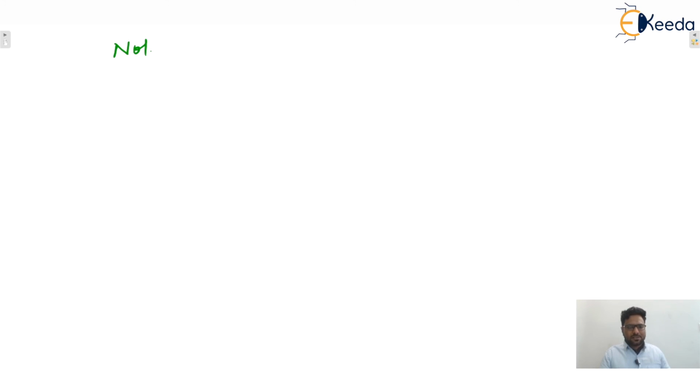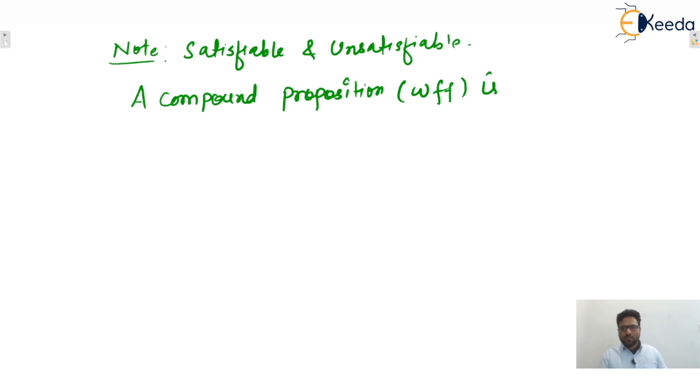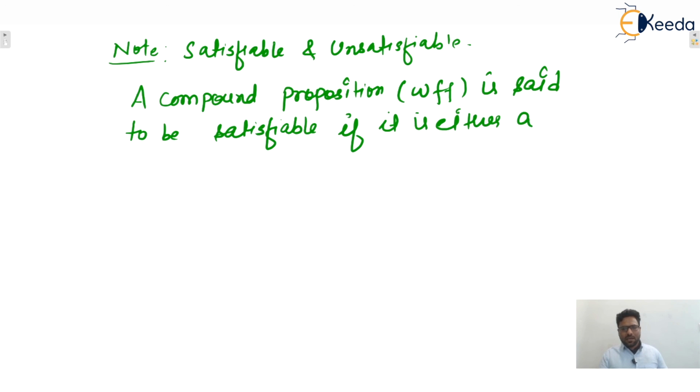Write down one note. What is the meaning of satisfiable and unsatisfiable? So let's say a compound proposition, also known as a well-formed formula, is said to be satisfiable if it is either a tautology or contingency, isn't it?